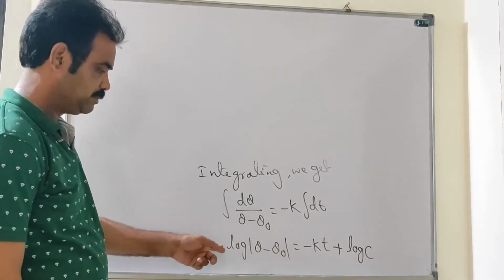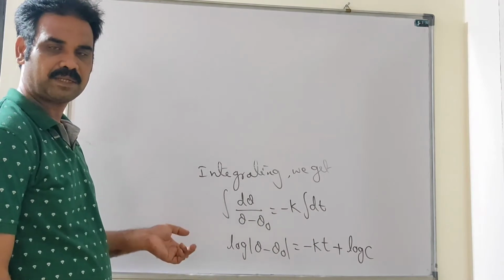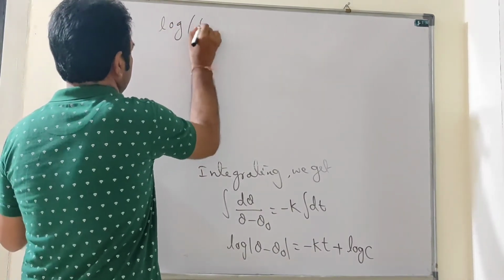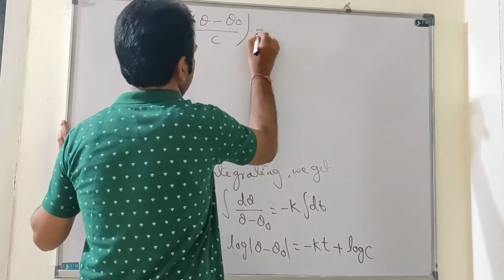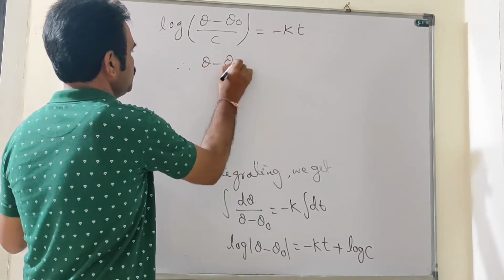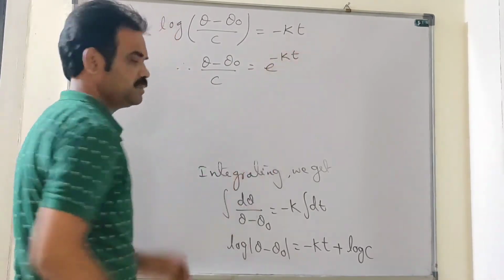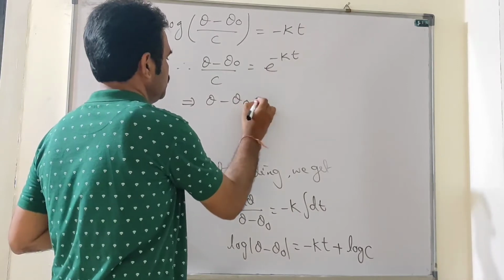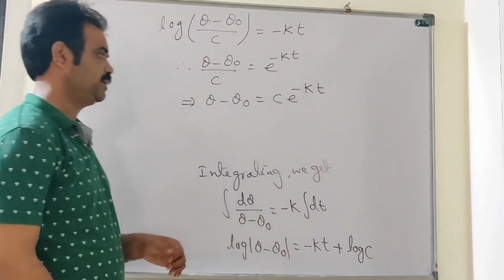Log a minus log b is log a by b. So log of theta minus theta naught by c is equal to minus kt. Therefore, theta minus theta naught by c is equal to e power minus kt. That implies theta minus theta naught is equal to c e power minus kt.